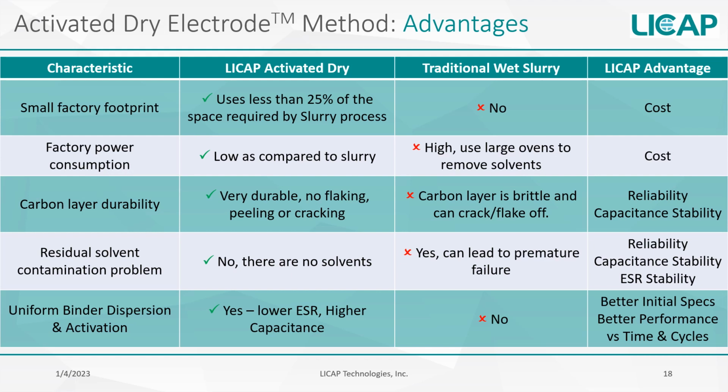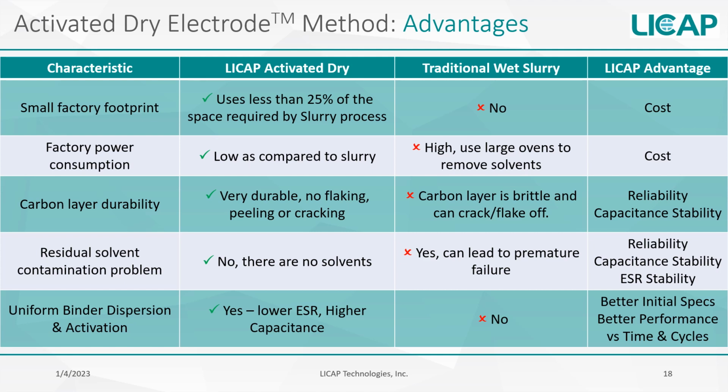Here's a quick summary of advantages realized by Licap's activated dry electrode. The first two items relate mostly to our customers interested in licensing our technology for their battery manufacturing. In short, the Licap technology can provide lower capex and manufacturing costs for large-scale electrode production.